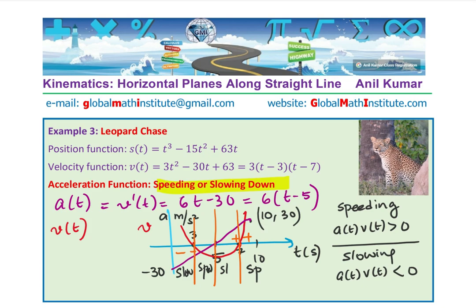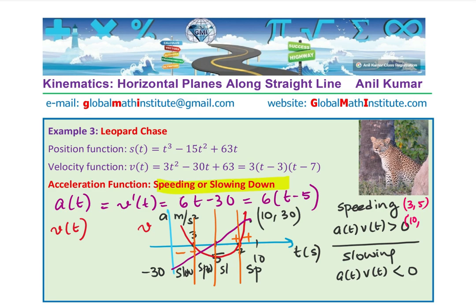So from the combination of these two graphs, we can figure out when the object is speeding and when it is slowing down. And clearly it is speeding when they have the same sign. And they have the same sign between 3 to 5 and after 7, so 7 to 10.